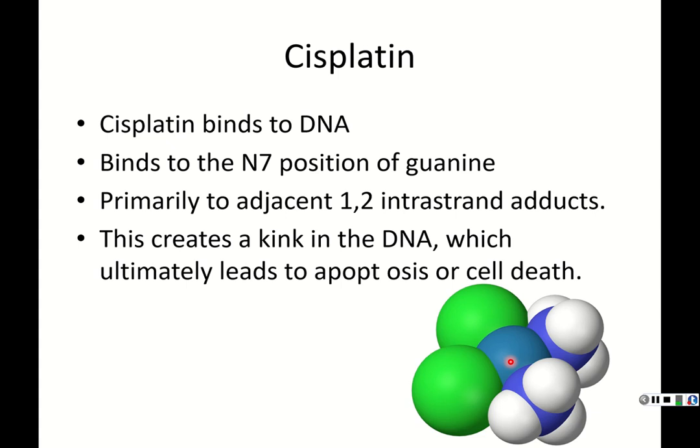That will signal that the DNA damage is beyond repair, so let's destroy this cell. Again, doesn't sound like a good thing, but cancer cells are dividing much more quickly than a regular cell, so it has a much bigger effect on cancer cells than normal cells. But some of the side effects that chemotherapy has are due to the fact that it's also acting on your normal cells as well.